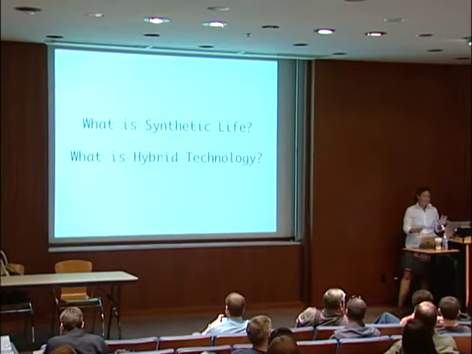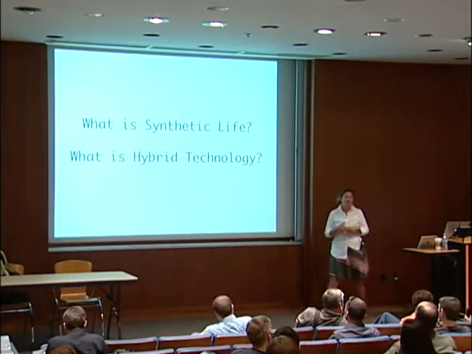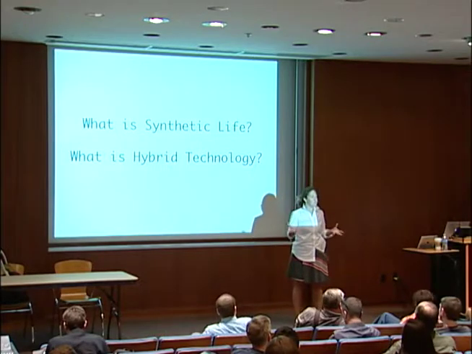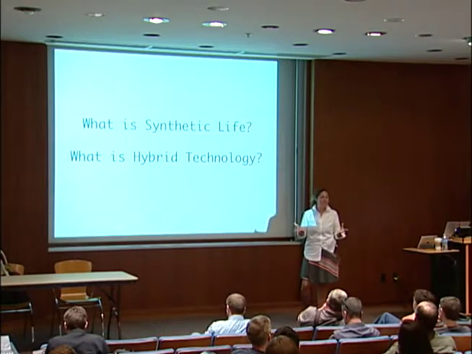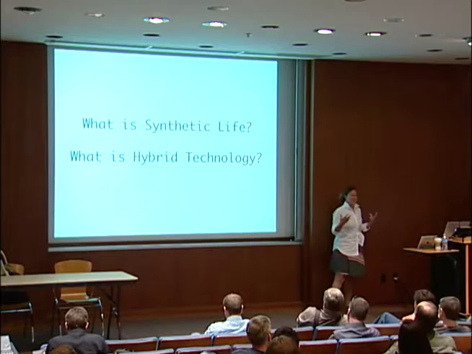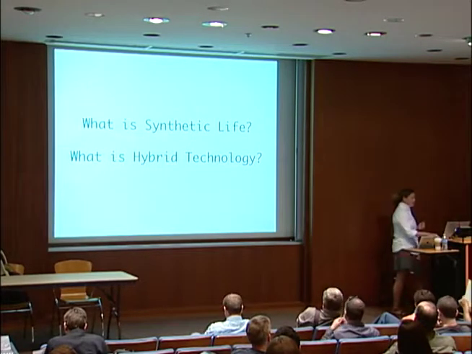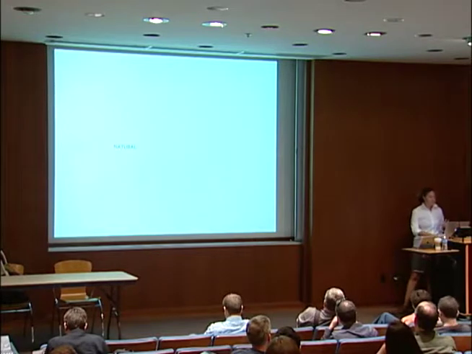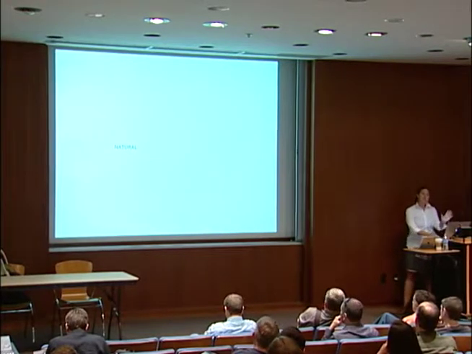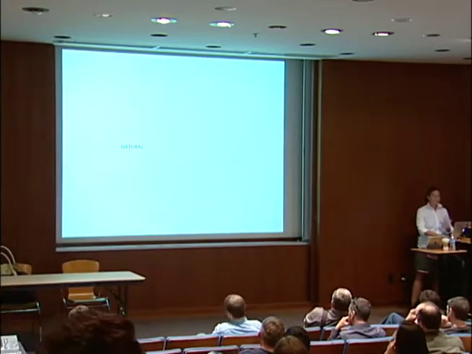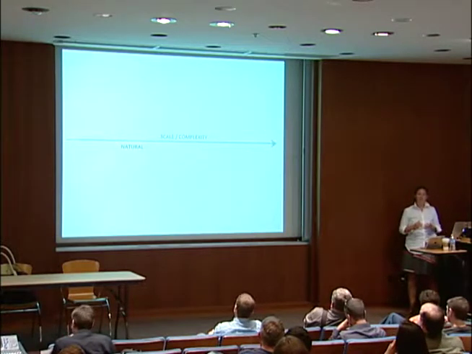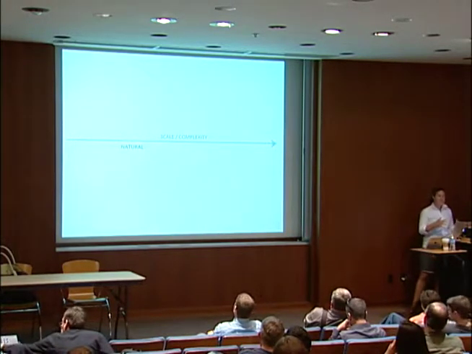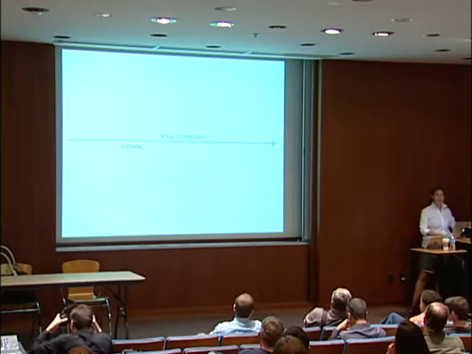Let's get started. So first, where I want to start is just defining what it is I'm talking about when I'm talking about synthetic life and our hybrid future. So let's start with what we know, with the natural world. And we're going to organize our natural world by scale and complexity. We could argue over how low we're going to start.